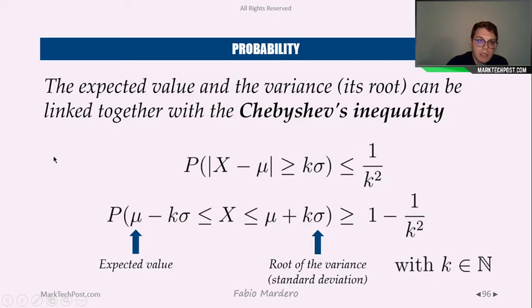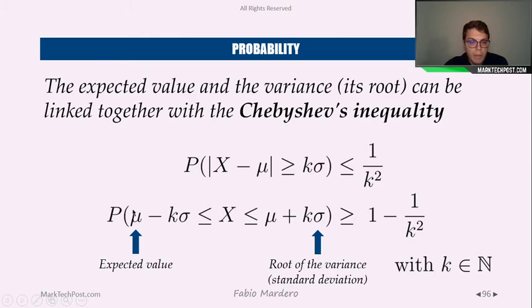Another property about random variables is Chebyshev's inequality. In particular, this Chebyshev's inequality links together the expected value and the variance, or in particular its root, that is called standard deviation. And it says, let's look at, I think that the second expression here is even more clear.